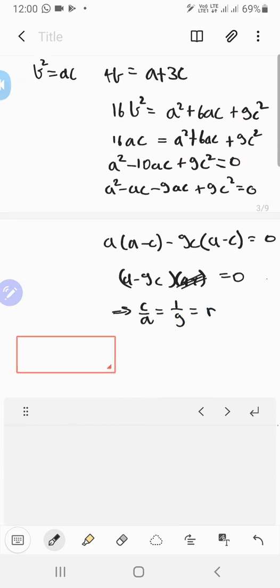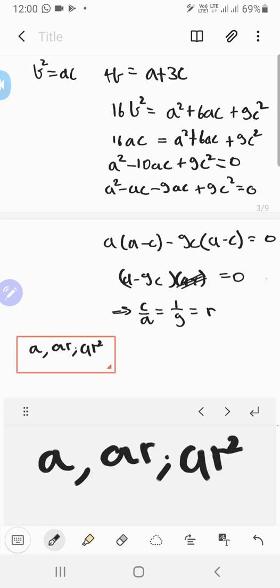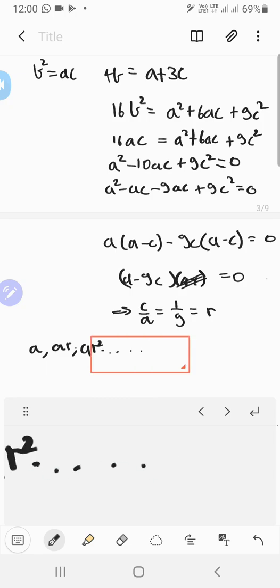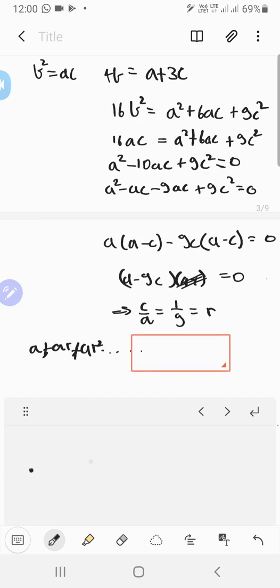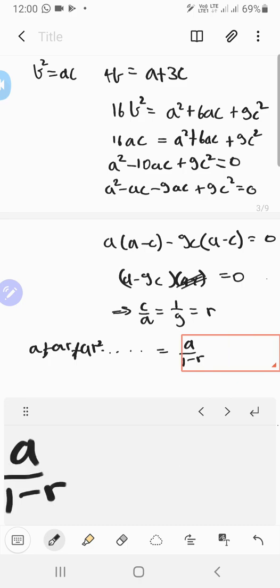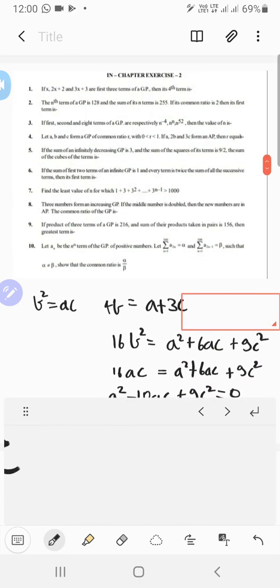So suppose the GP is a, ar, and then ar squared and so on, and when you sum this you obviously get a upon 1 minus r, and we are given that this sum is equal to 3.